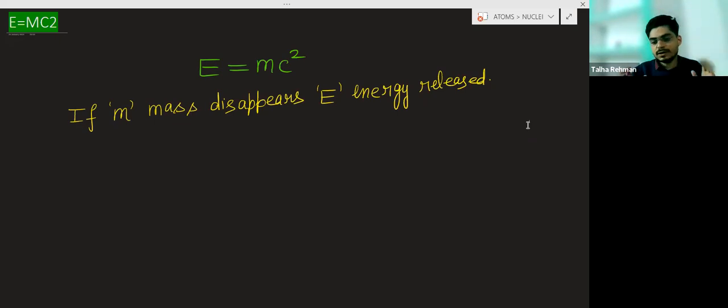So when protons and neutrons are combining or binding to form the nucleus, there is a mass defect. What is that mass defect? Basically, the mass of the nucleons before the formation of the nucleus will be greater than the mass after the formation of the nucleus.